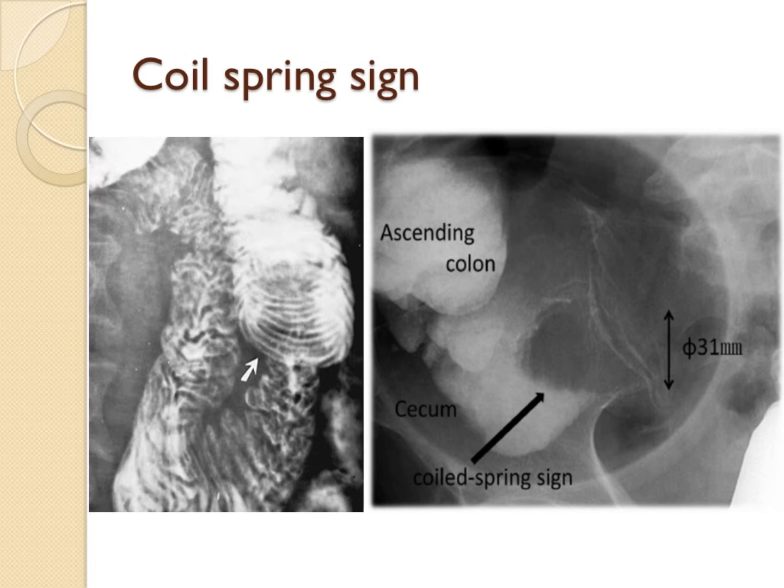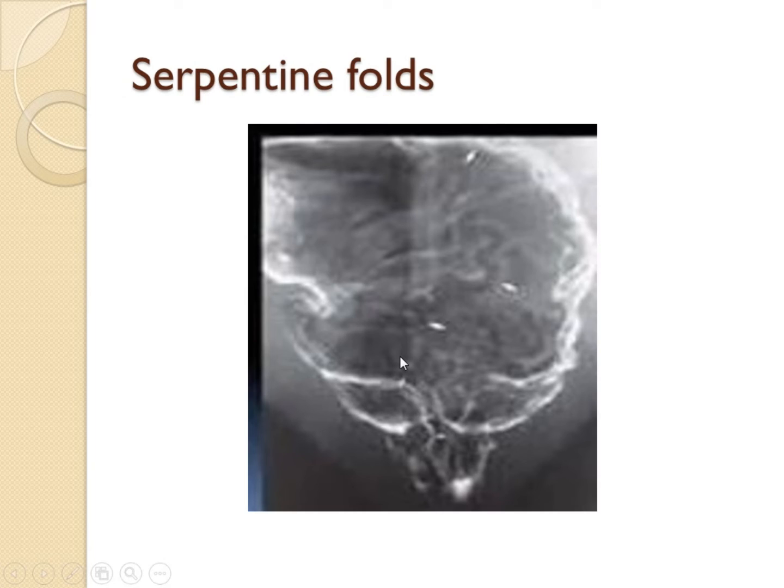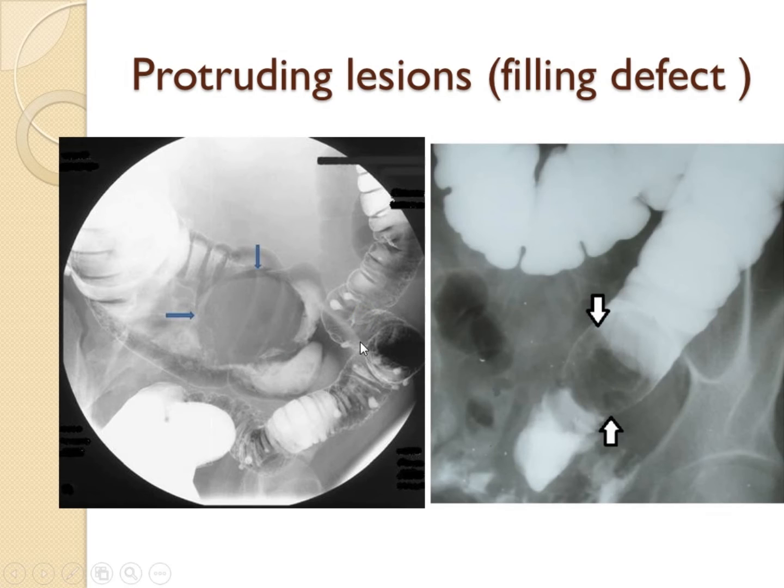Yes, this is intussusception, this is going into this. This could be due to inflammation that leads to these sinus folds that will be parallel to the long axis of the colon. So they represent inflammatory change.